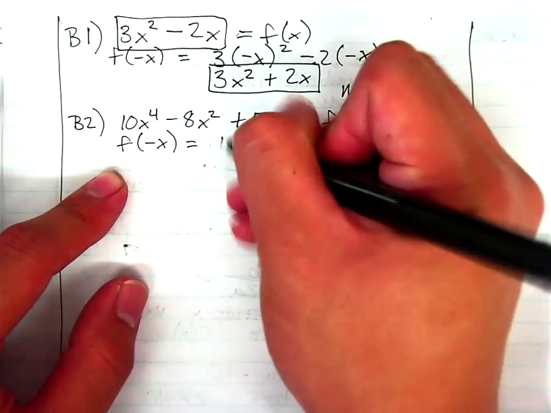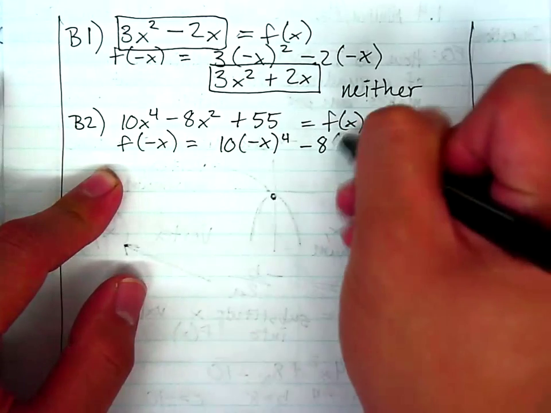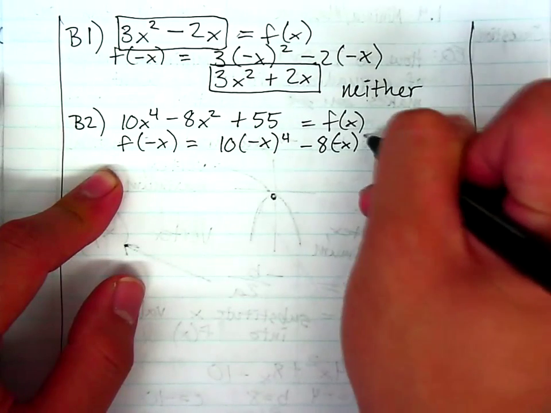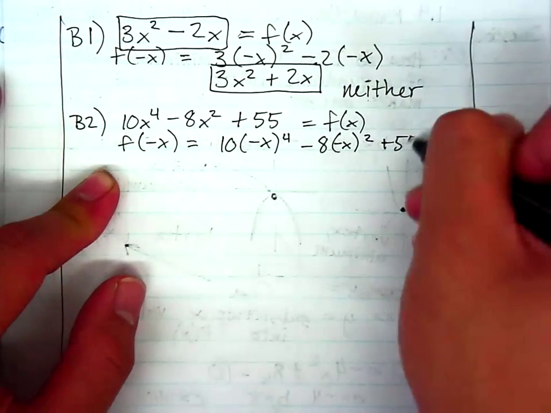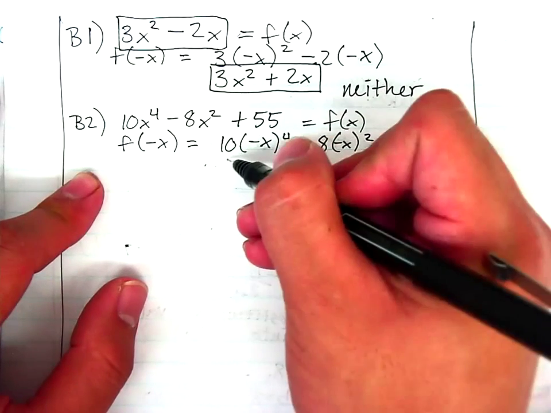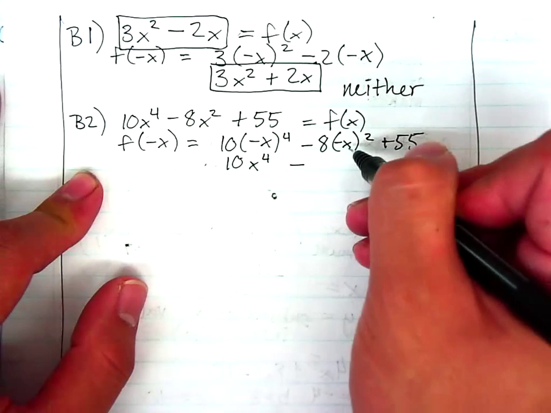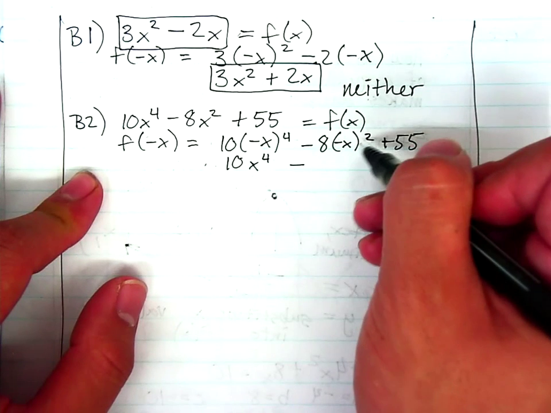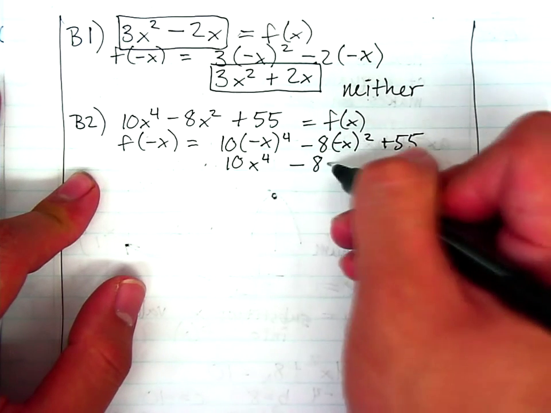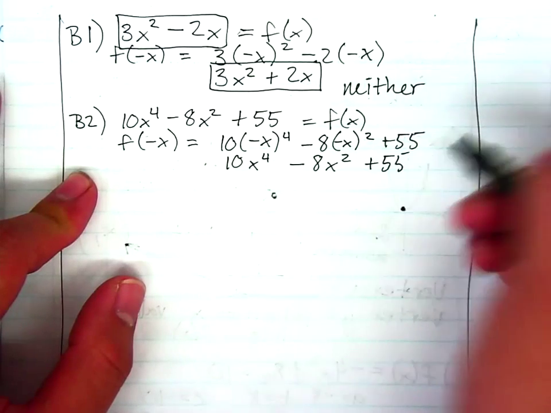So I once again plug in my negative x into all of my x values. And in this one, negative x to the 4th power stays a positive x to the 4th. Here, negative x squared again stays positive, so I have a negative 8x squared. And plus 55 doesn't change at all.